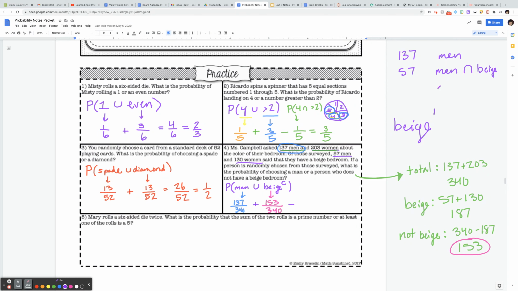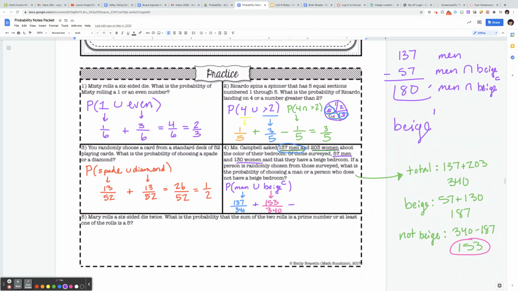If I want to find the men without a beige bedroom, I'm going to subtract these two, because no matter what gender you are in this scenario, you either have a beige bedroom or you don't. Those are the only two options, so the total number of people in each of those categories has to add up to the total in the group. If I subtract these, I get 80.